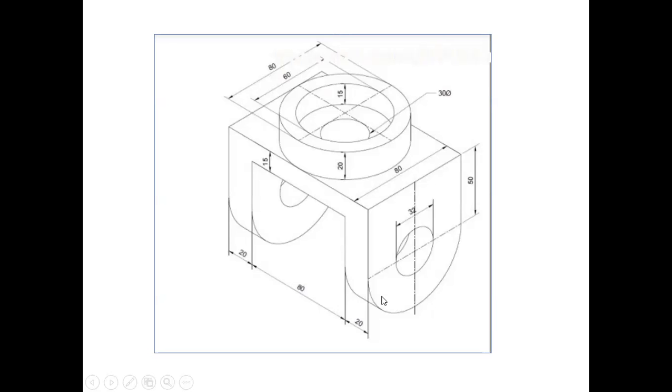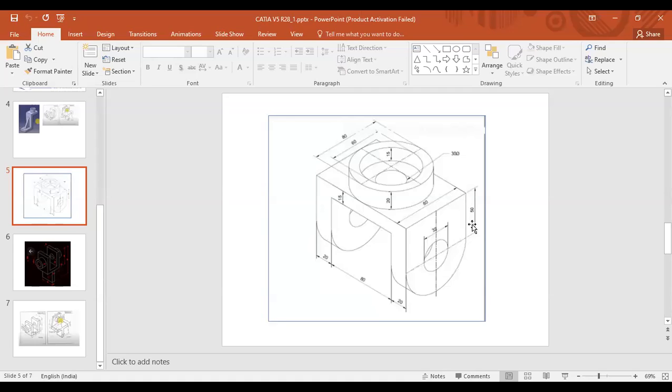Okay, can you see my screen? I'm considering this view, the side view where 50 mm is shown. I'm considering that face, and I'm going to create this face first.